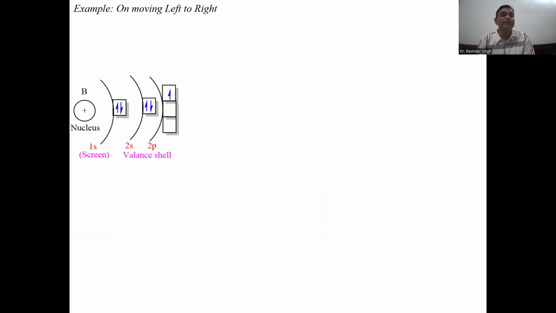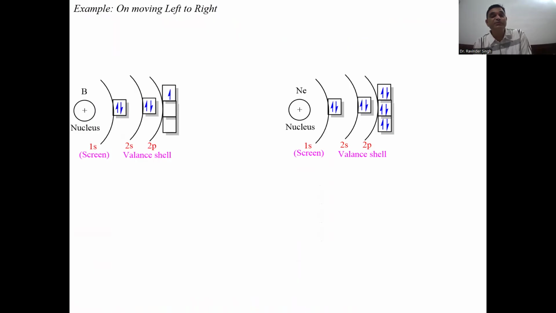On moving left to right, we go from boron, atomic number 5, to carbon, atomic number 6, nitrogen 7, oxygen 8, fluorine 9, and neon, the last one. We are just showing here the first one, boron, the second period element of group number 13, followed by the group number 18 element, neon, in the same period.